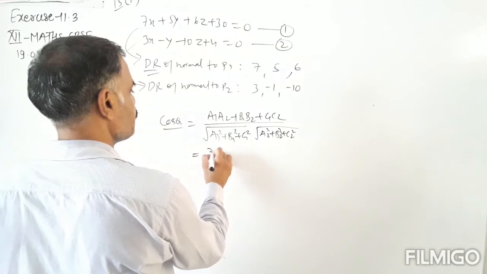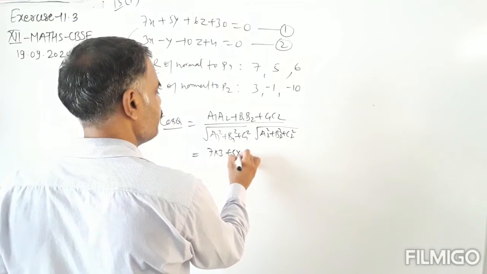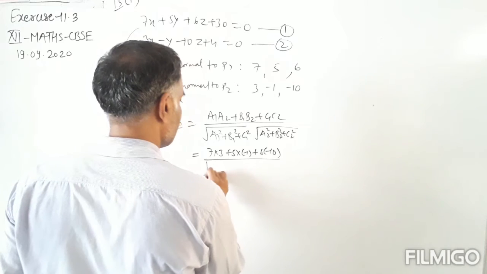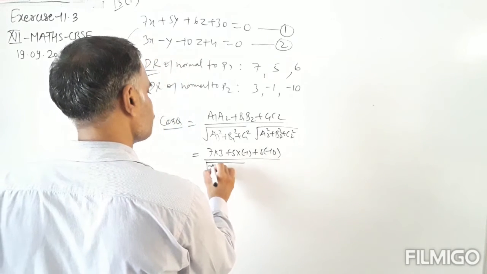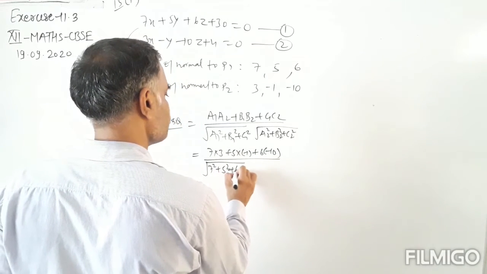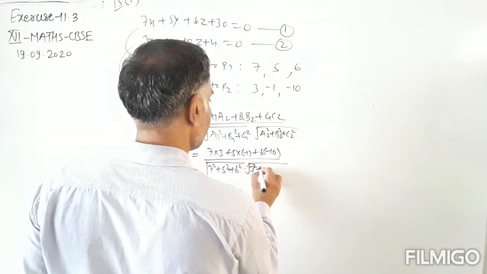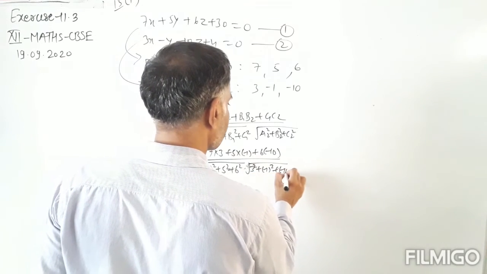This equals 7 into 3 plus 5 into minus 1 plus 6 into minus 10 upon under root 7 square plus 5 square plus 6 square times under root 3 square plus minus 1 square plus minus 10 square.